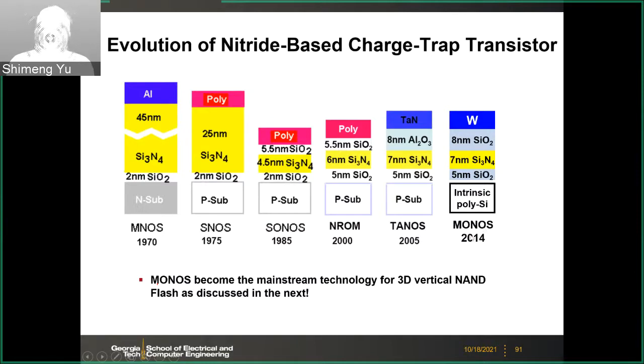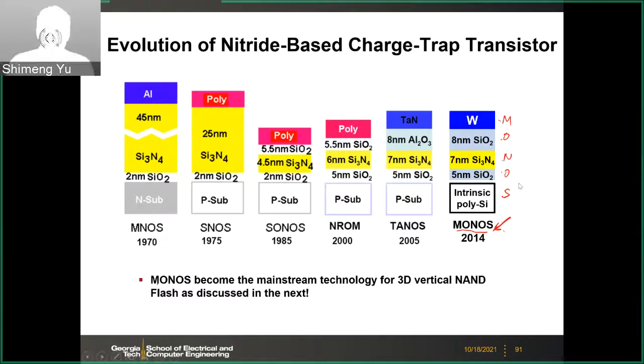But the 3D NAND flash today typically uses this kind of structure, the MONOS structure. This is metal, oxide, nitride, oxide, silicon. So it's called MONOS structure.